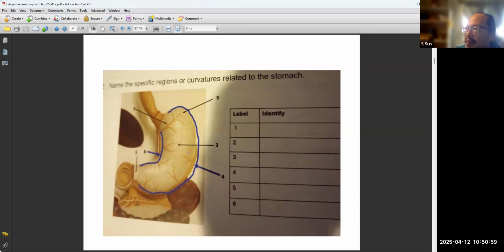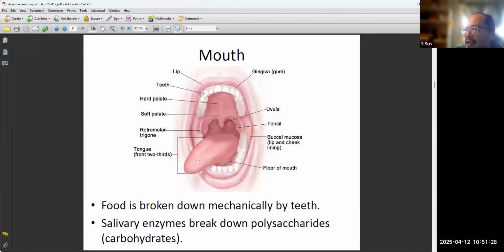And here are some labels. What we need to know basically is the entrance portion and the exit. So that's 3 and 1 here. And then you have a curve, a smaller one, a curve, a larger one, and this one, and this one. That's it. All right. So let's figure out how do we call them? How do we identify them?